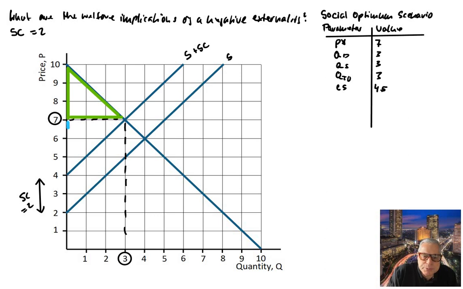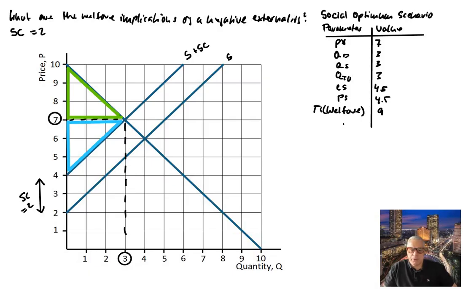So this should be producer surplus in the social optimum. And as you can see, this area is also 4.5. So producer surplus is 4.5. So total welfare or total surplus is 9. So this is now our reference case with which we compare everything.